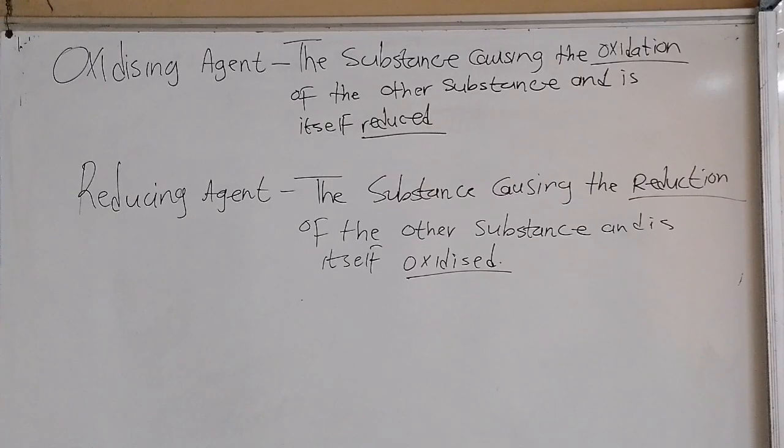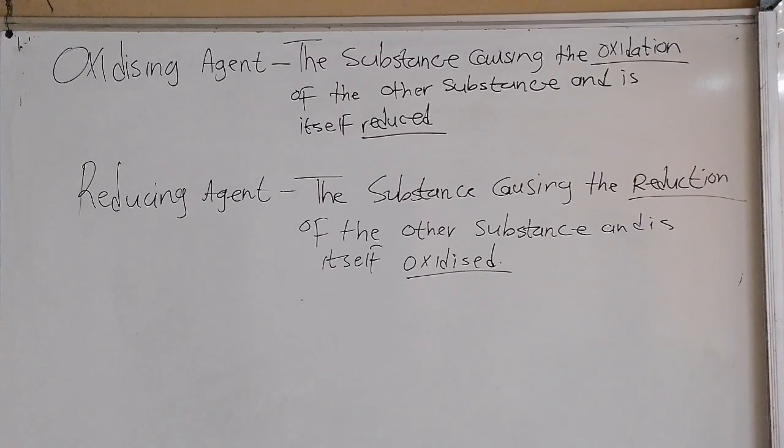Don't put reduced, because when you talk about reduced, we are talking about what? The oxidizing agent. So it is very important that you keep in mind these two words, reduced and oxidized. We're going to talk about them a lot, since we are going to show you how to determine the reducing agent as well as the oxidizing agent.